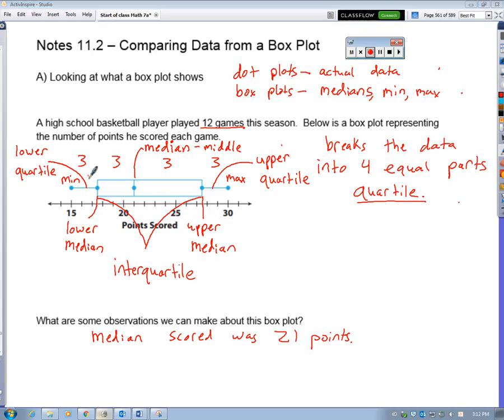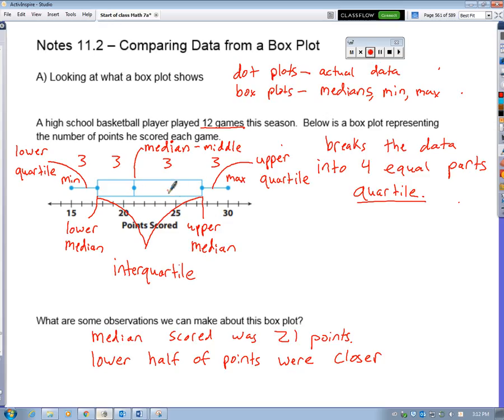We can also see that the lower half of the points he scored were closer together. So, lower half of points were closer. And then we have this upper half of the points. These were more spread out.